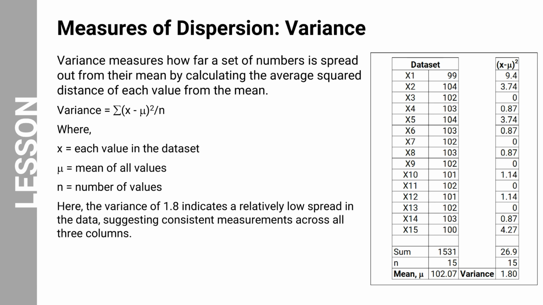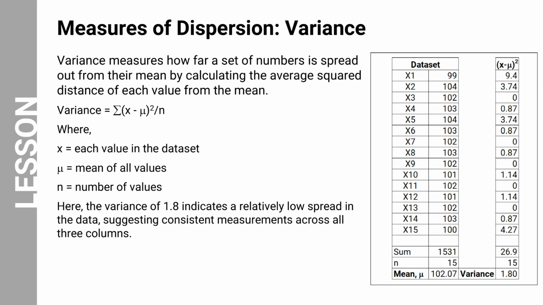For example, for 99, we calculate 99 minus 102.067 squared, which equals 9.4, and for 104, we calculate 104 minus 102.067 squared, which equals 3.74, continuing this process for all values.